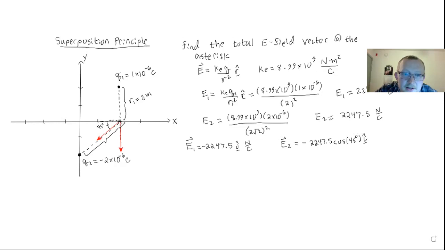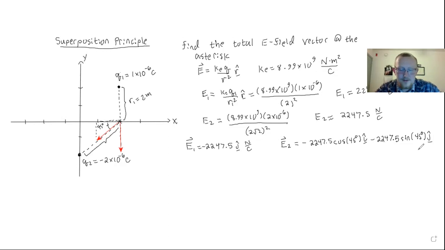And then it also has a negative y hat component as well. Like this, it happens to be the opposite side. Not that it matters with 45 degrees, cosine 45, sine 45, both root 2 over 2. But we'll just try to be consistent. So in the minus y direction, it's the hypotenuse or the magnitude of the E field in this case, sine 45 degrees in the j direction.